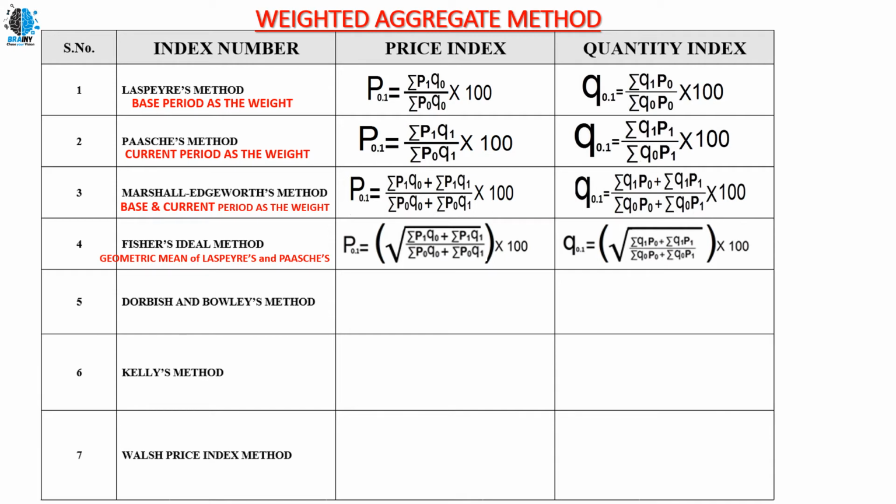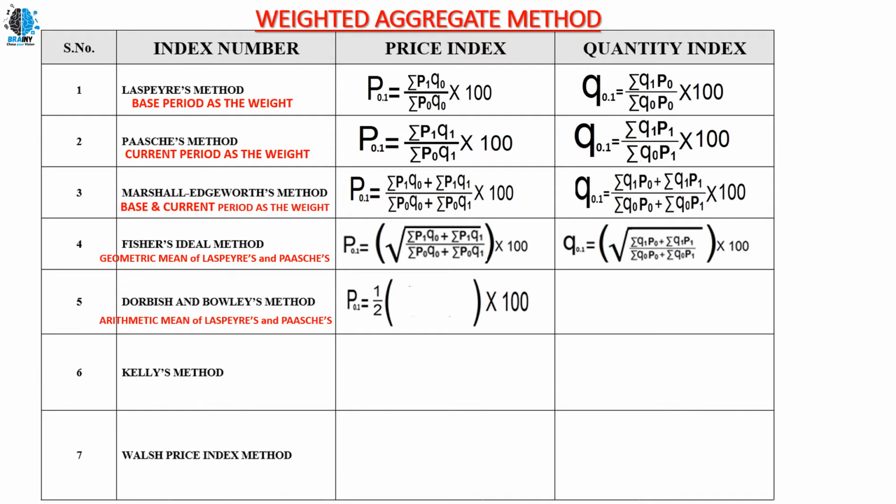Next we have Bowley's method. Here the author has taken the arithmetic mean of the Laspeyres and Paasche methods. Arithmetic mean means we take two formulas, sum them and divide by 2.